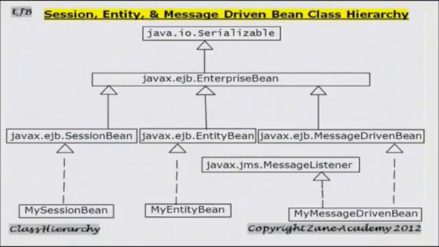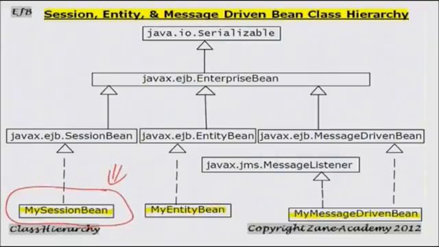It has to implement the javax.ejb.SessionBean interface, and same if it's an entity bean, it has to implement javax.ejb.EntityBean, and if it's a message-driven bean, it has to implement javax.ejb.MessageDrivenBean.